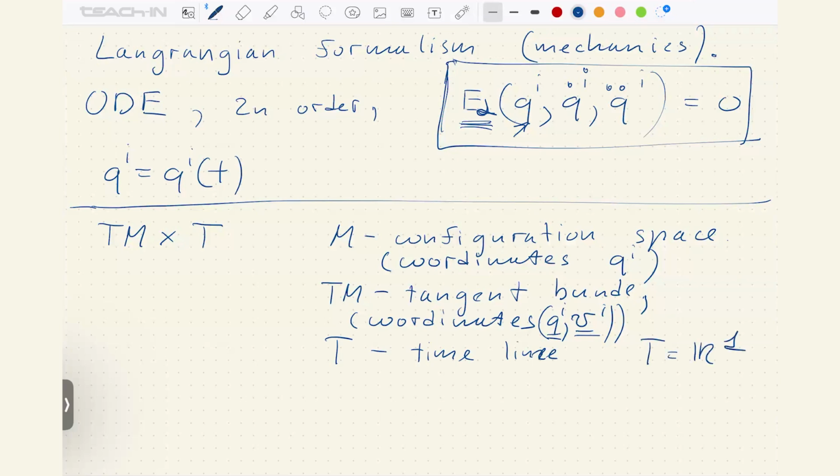We don't want a closed timeline, so we take it to be R^1. So this is a space where, let me give it another name, for future reasons, I call it J^1.